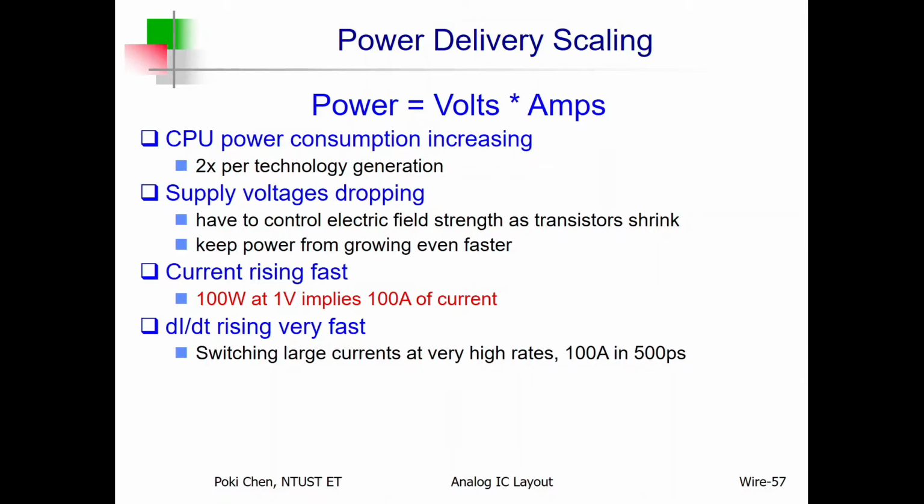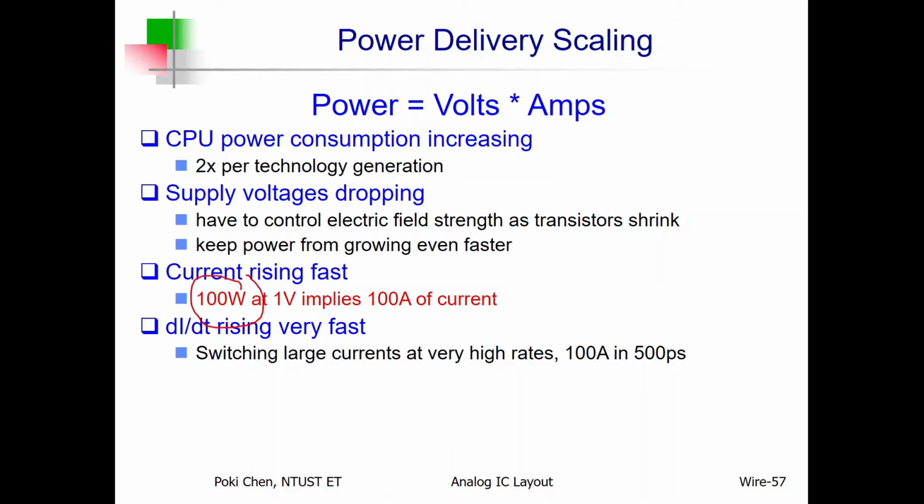For our chips, for our mobile phone, notebook, or even for desktop, they are power hungry. They consume a lot of power. If you have a look at the specifications of all those powerful chips, they are power hungry. How much power? Usually on the order of 100 watts.